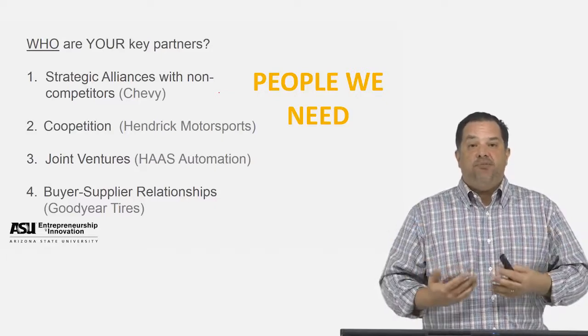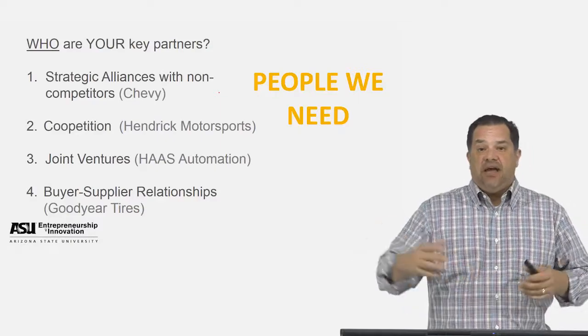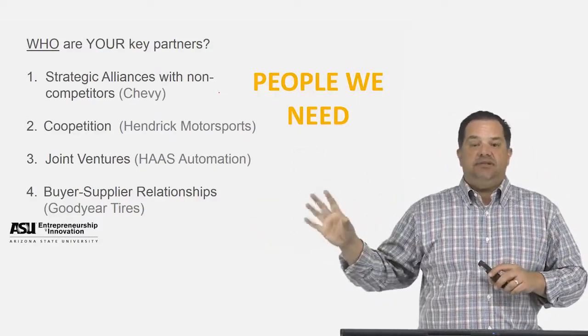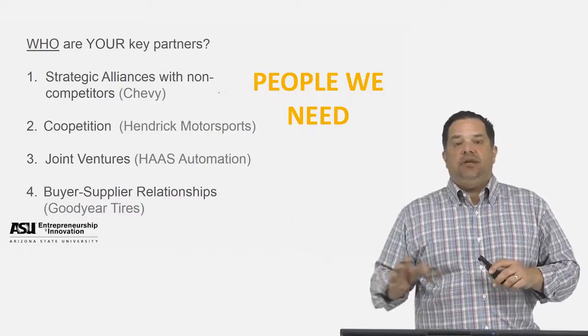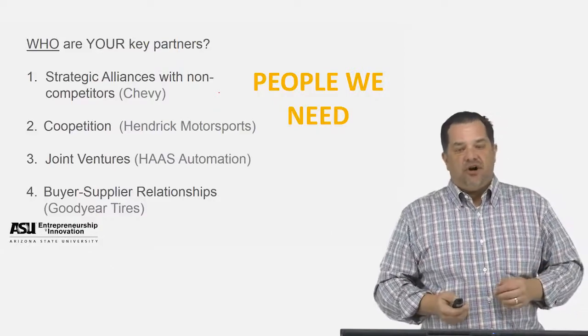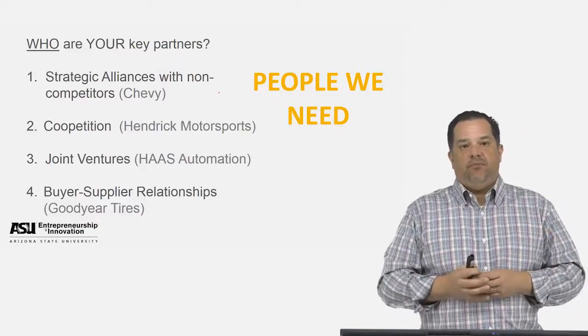So as we look at key partners, we may have a similar sister company that is also in the same type of business that we're in that can provide us information, data and parts for our cars that help us perform better.